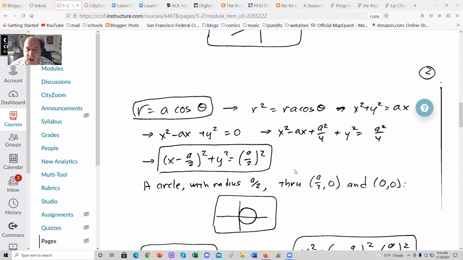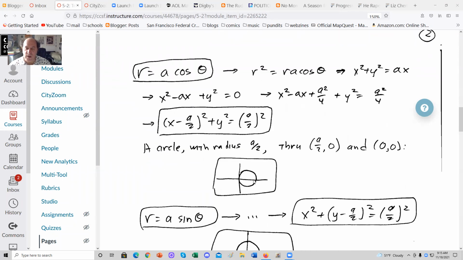r equals a cosine theta. Well, if we multiply both sides by r, then r squared equals r a cosine theta. r squared is x squared plus y squared. r cosine theta is x, so x squared plus y squared equals ax. And after a bit of transposing the ax and completing the square, we get this equation. x minus a over 2, squared, plus y squared equals a over 2, all squared.